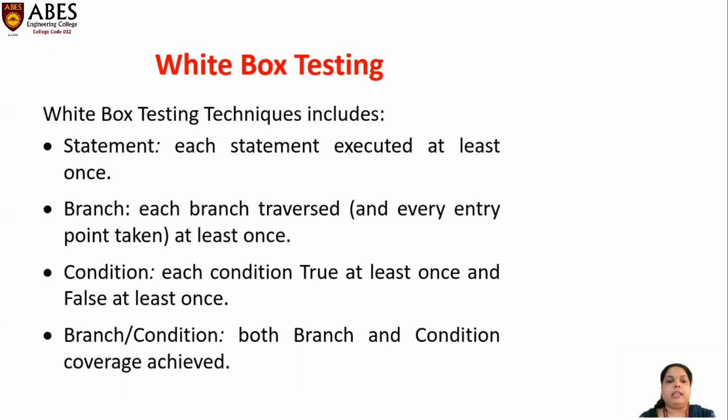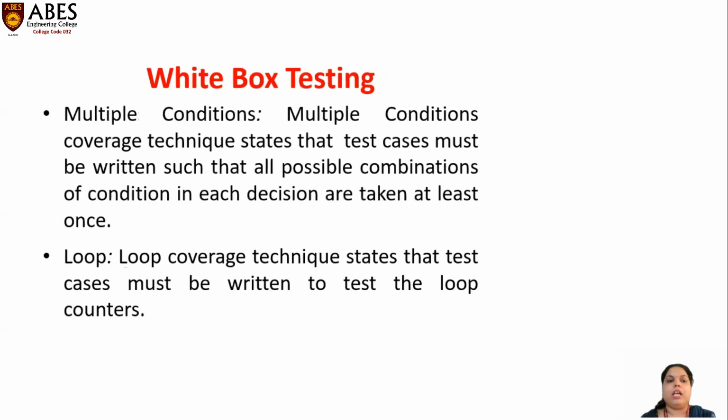In the statement method, each statement is executed at least once. In the branch method, each branch is traversed and every entry point taken at least once. In condition coverage, each condition should be taken true at least once and false at least once. In branch condition coverage, both branch and condition coverage are achieved.